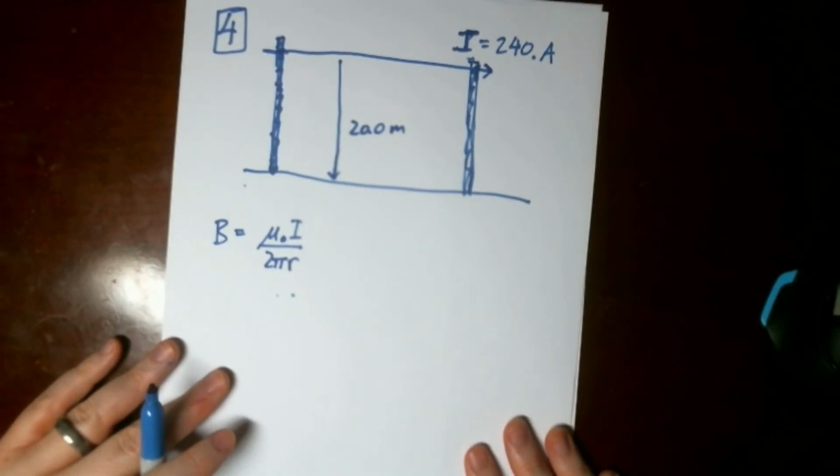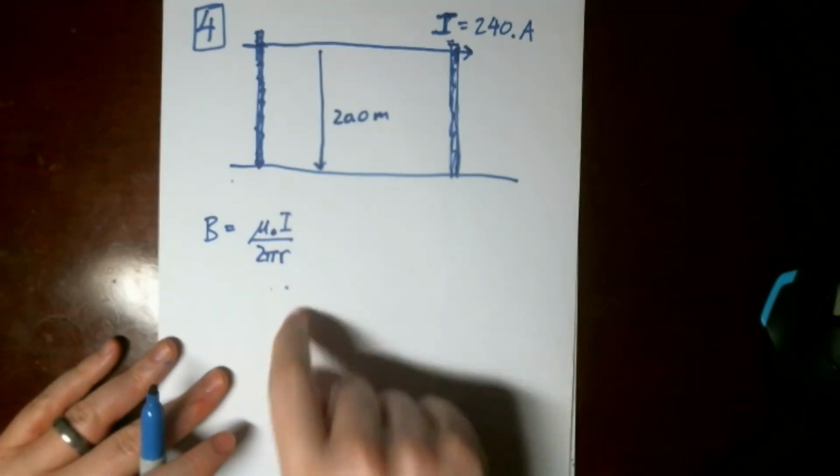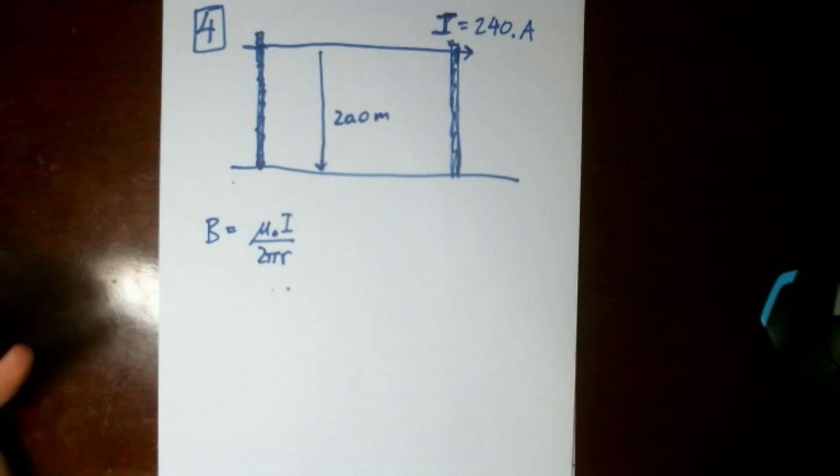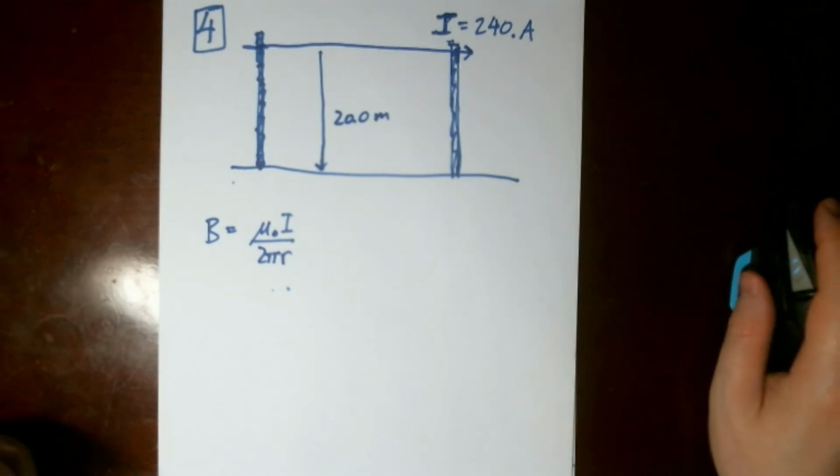So, what do we need to find out? Well, we already know current, we know distance, 20 meters, and mu naught and pi are just constants. So, let's plug everything in to calculate the value of the magnetic field.